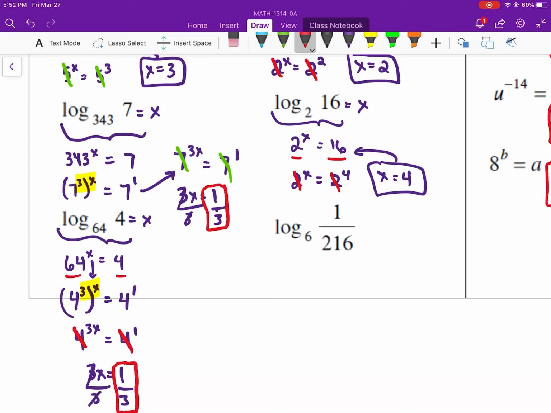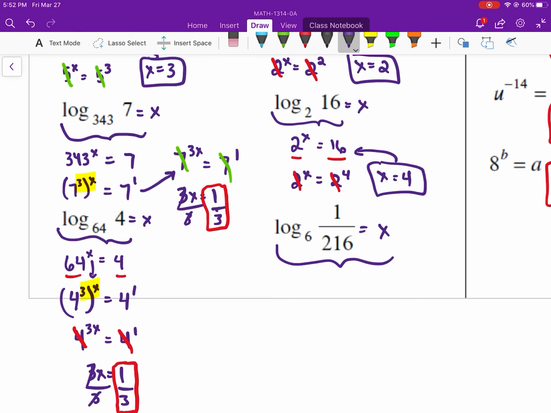And we get an answer of x equals 1/3. Alright, so I'm just going to say this out loud again. 64 to the power of 1 divided by 3 comes out exactly to 4. And that's exactly what I want.